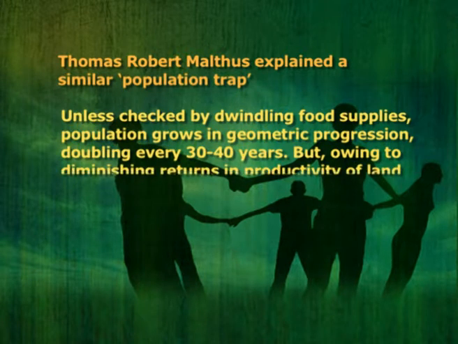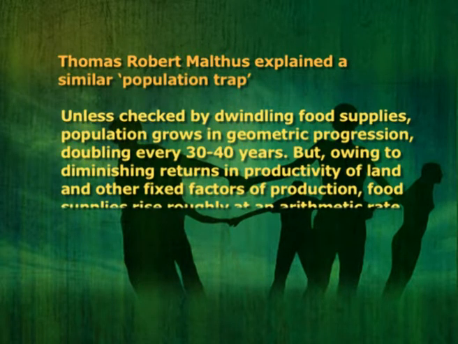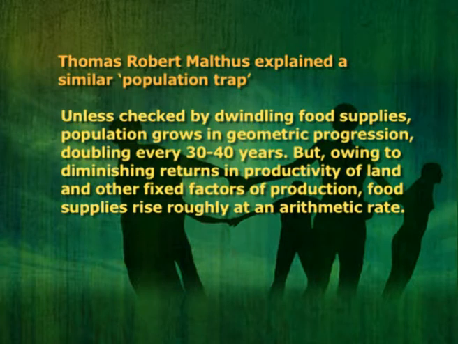But owing to diminishing returns in productivity of land and other fixed factors of production, food supplies rise roughly at an arithmetic rate. This postulate ignored technological advances which help to increase food production at a faster rate.